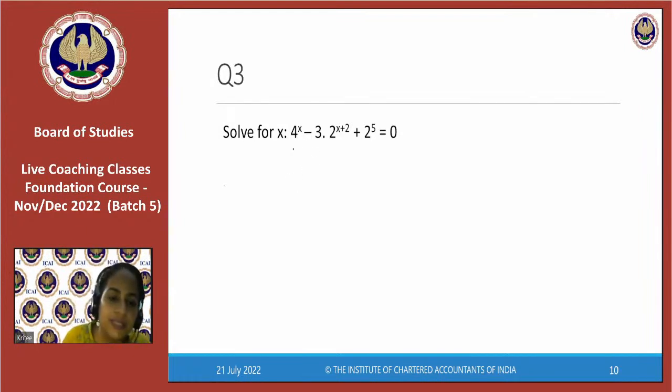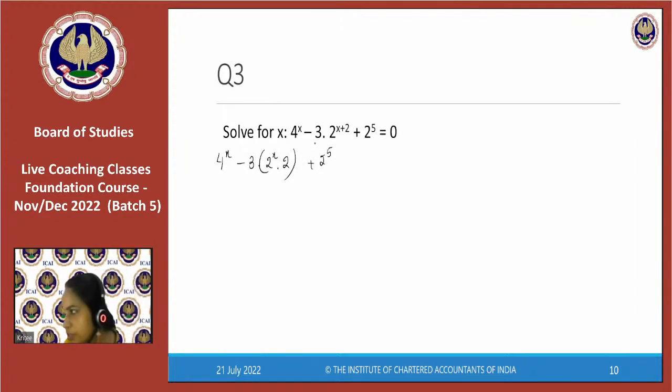So rather than asking you directly about x square, we are taking x in the power. This question says, solve for x where 4 raised to power x minus 3 into 2 raised to power x plus 2, plus 2 raised to power 5, equals 0. Bases are same, powers are added in case of multiplication. So I have just broken down 2 raised to power x plus 2 as 2 raised to power x into 2 square.